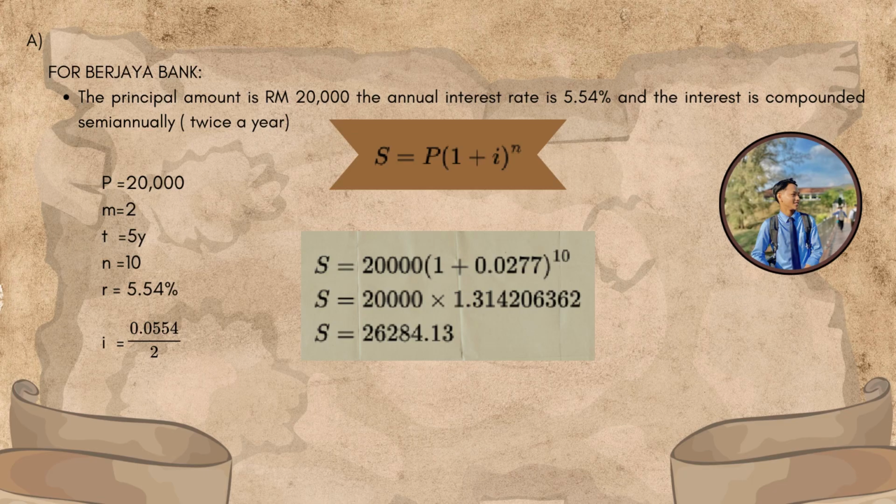In this question, the formula that we use is S equals P (1 + r/m)^(mt). And the answer is S equals 20,000 (1 + 0.027777)^10. S equals 20,000 multiplied by 1.314206362.